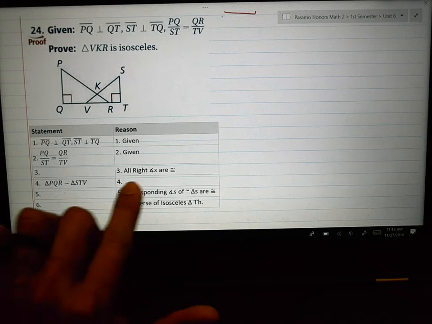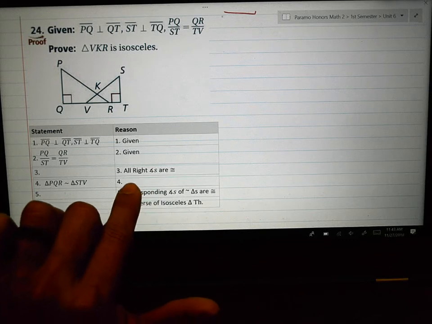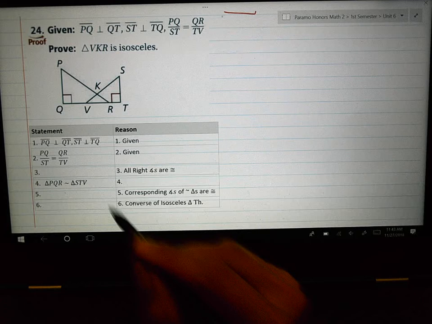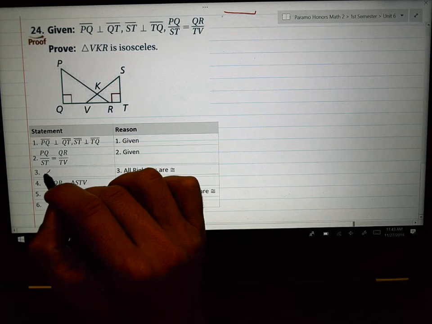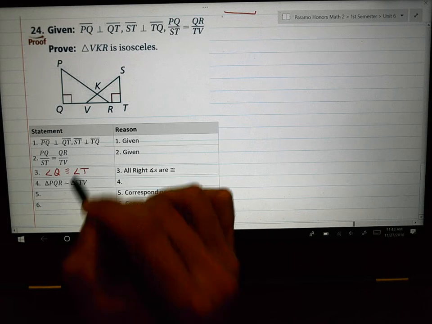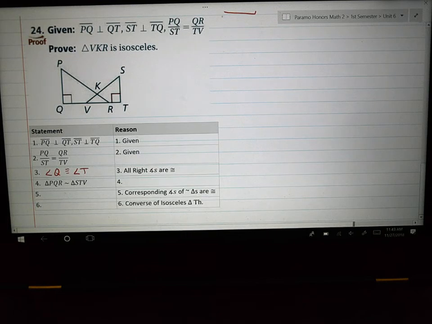And this one has a step 3 that says all right angles are congruent. So I must be using something with an angle being congruent to another angle. If the right angles are congruent, I got to name 2 angles that are right angles that are congruent to each other. I'm going to say it has to be angle Q is congruent to angle T. Notice I can actually use only a single letter here because this is the only angle that has Q as a vertex.